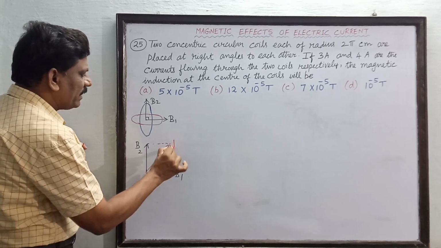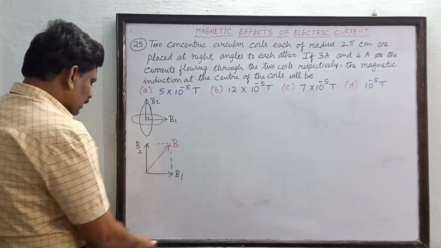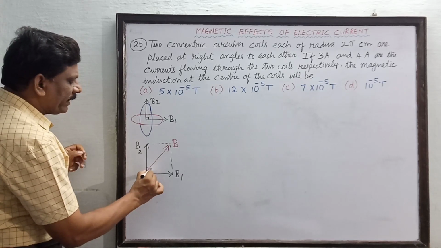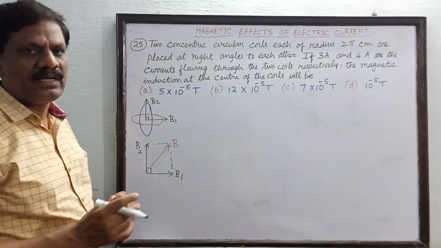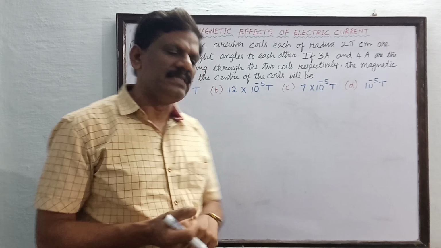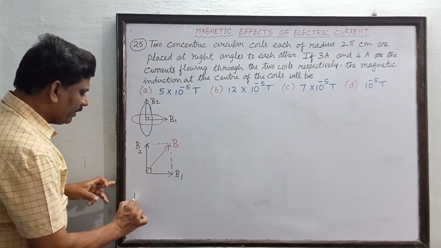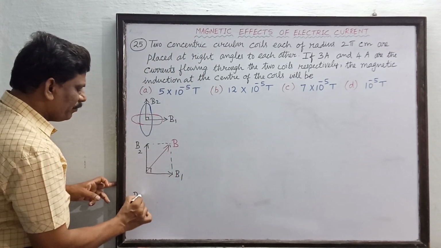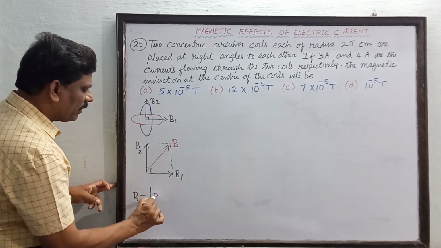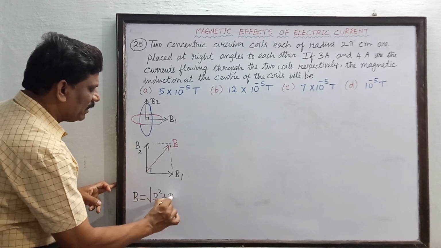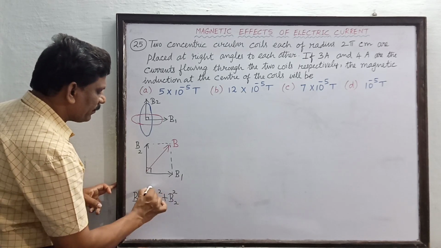So this is the resultant field B. The angle between the two vectors B1 and B2 is 90 degrees, so cos 90 is equal to 0. Therefore the resultant field B must be equal to square root of B1 square plus B2 square.